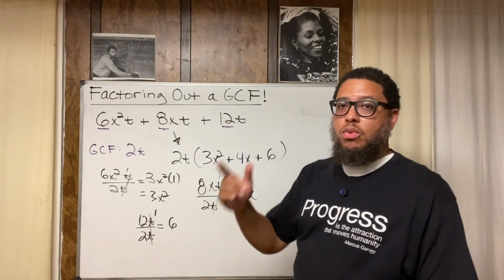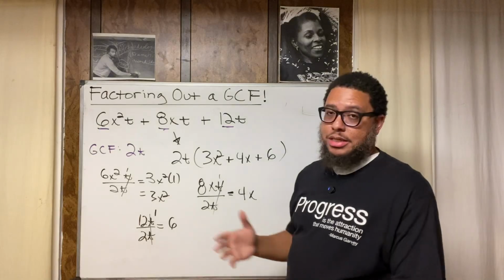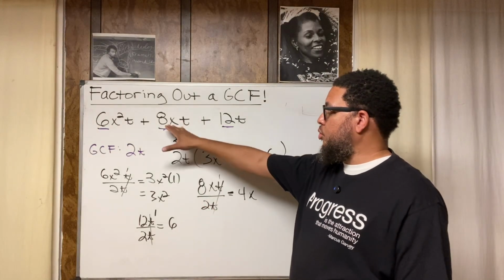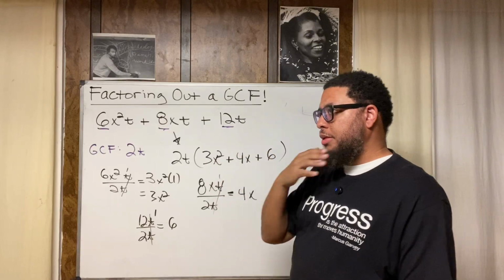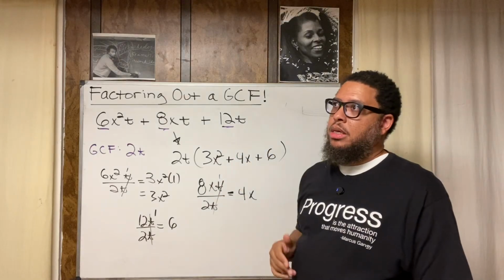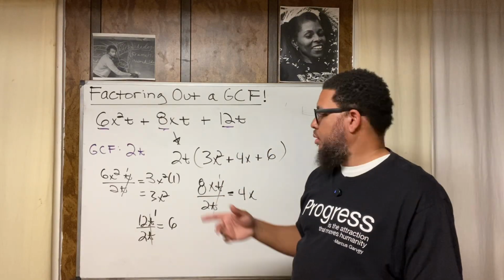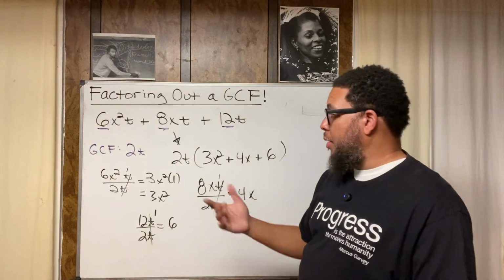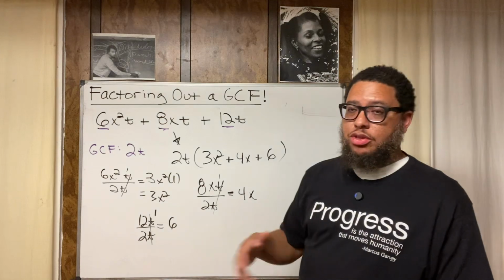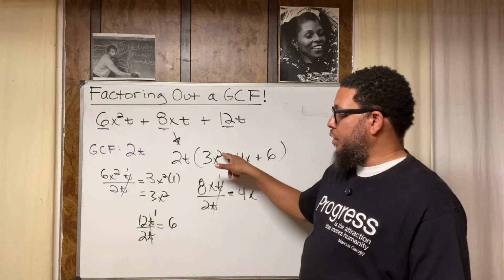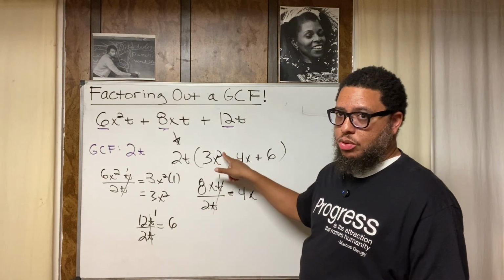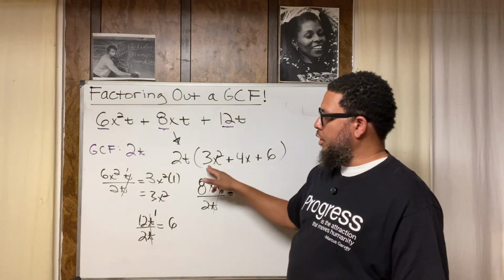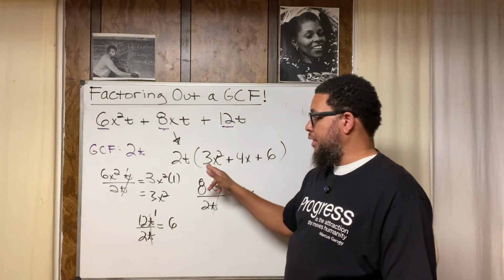So check out that playlist because that's something else you're going to need to do. If you're in class doing this right now, eventually, maybe in about 2-3 weeks, depending on what order your teacher's going in, you're going to need to know how to factor quadratic trinomials, where the biggest exponent is a 2, where your lead coefficient is a 1 and where it is not a 1.